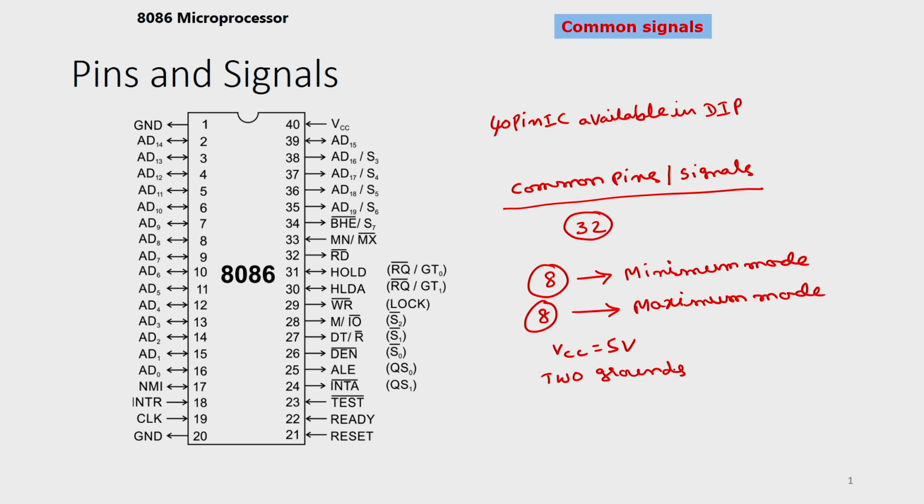The reason for having 2 grounds is to cancel the noise. The remaining: we know that the 8086 microprocessor has 20 address lines and 16 data lines.